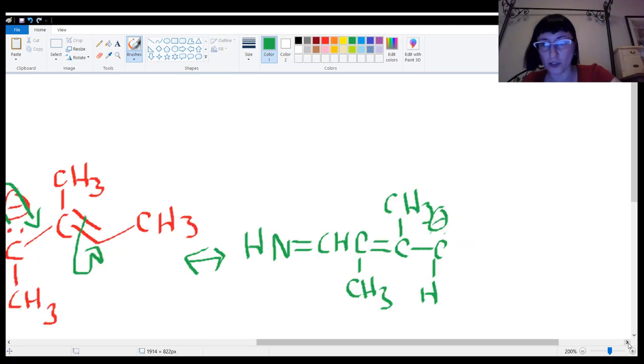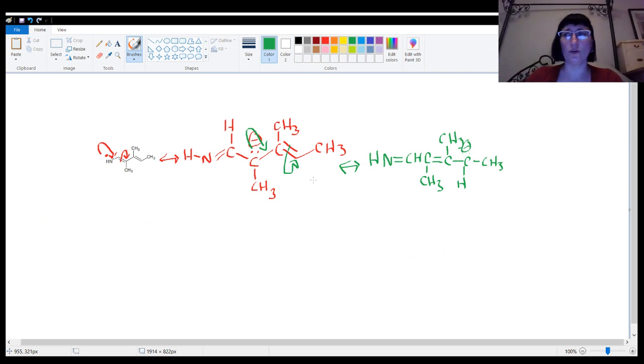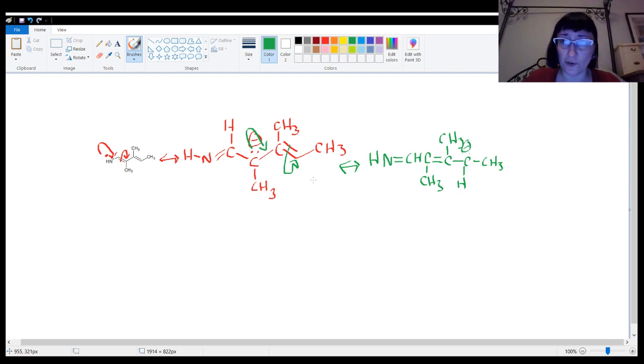Just going to move that a touch over. CH3. Okay, so let me shrink that a little bit. There we go. So I know my handwriting is even worse on a screen like this than it is in real life, but hopefully that kind of makes sense. Hopefully you can see that and that's kind of clear.